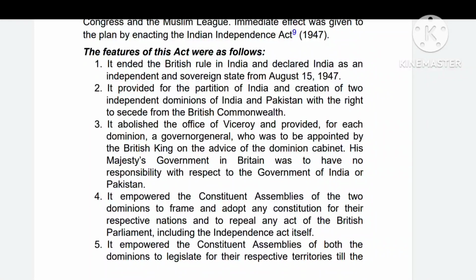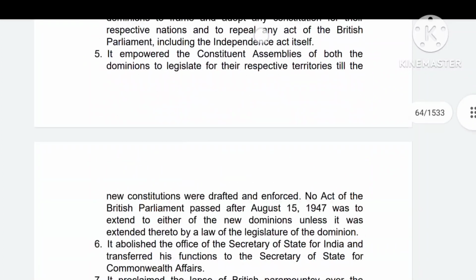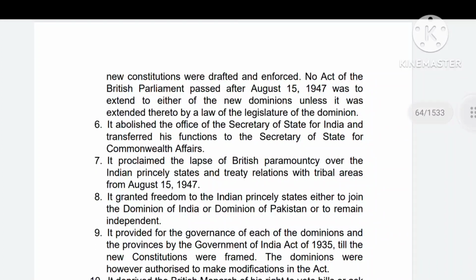Number 5. It empowered the constituent assemblies of both the dominions to legislate for their respective territories till the new constitutions were drafted and enforced.